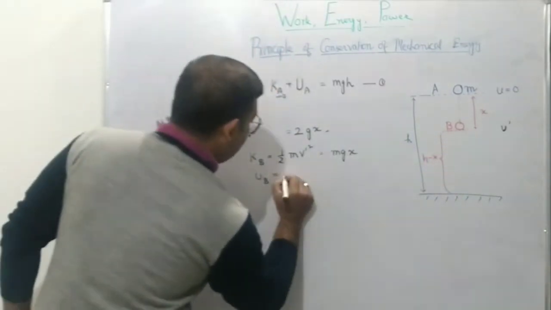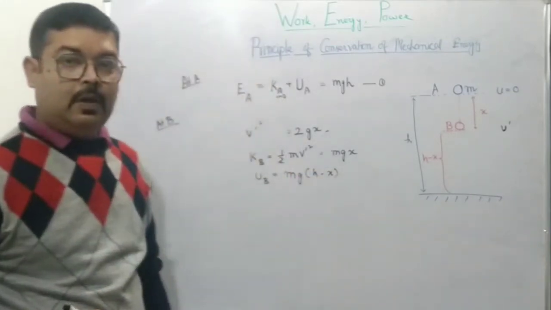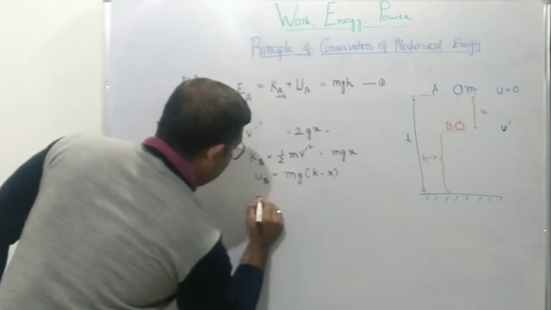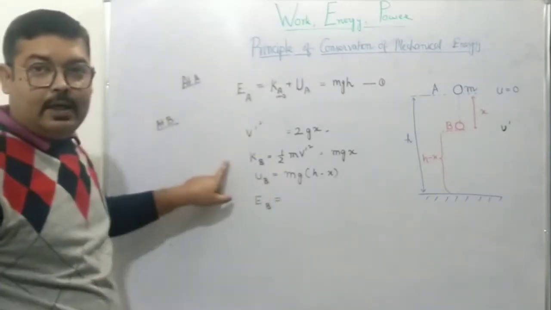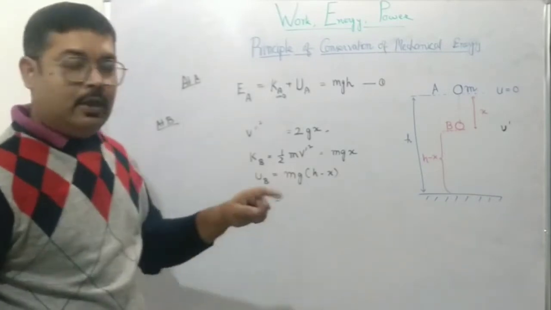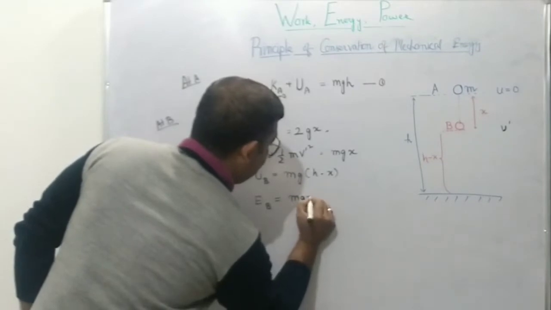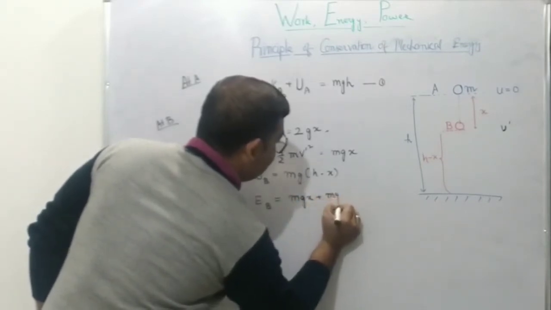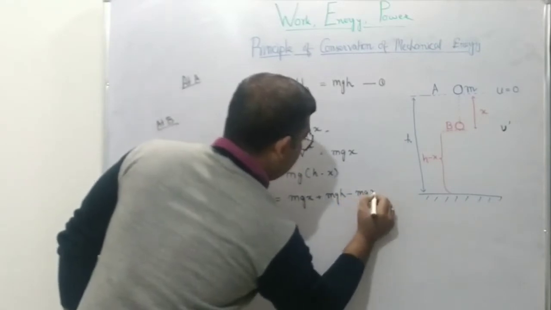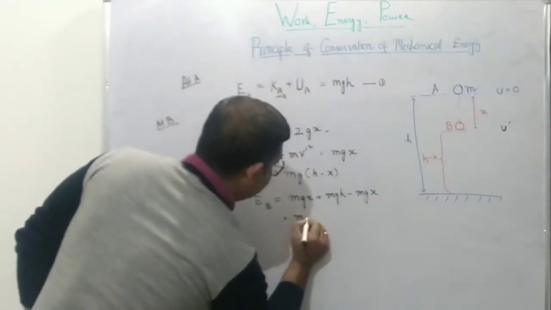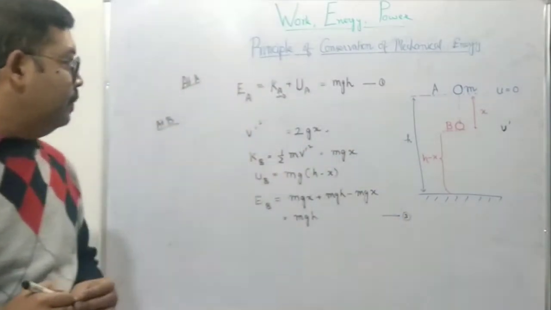So the potential energy will be mg(h minus x). So the total energy E at B will be the sum of kinetic energy at B plus potential energy at B. So what will be the sum? It will be kinetic energy mgx plus mg(h minus x), which is equal to mgh. This is equation number 2.